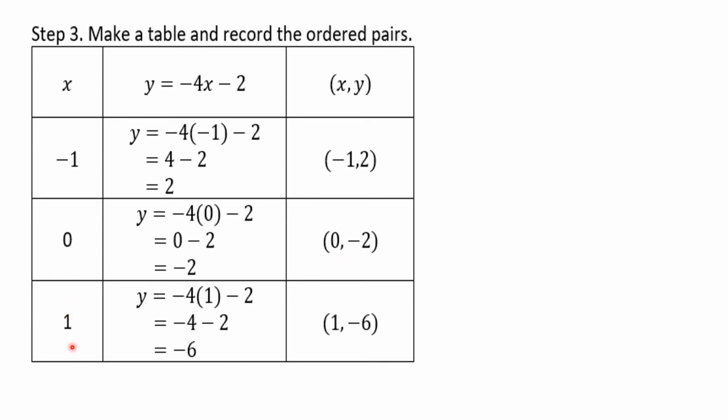Okay, if pinili ko na value ng x is 1, and then we substitute 1 sa ating variable na x. So, we have y equals -4 times 1 minus 2, simplifying, the answer is -6. So, therefore, if x is 1, y equals -6. Ang ating ordered pair is 1, -6.